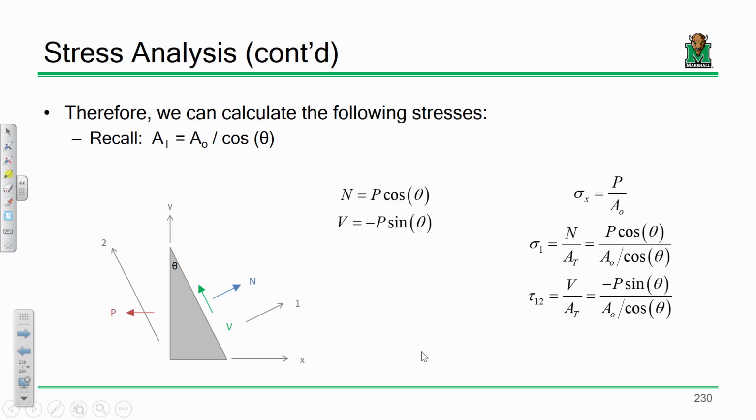Everybody okay with that? Tau 1, 2 is V over A t. So think about what that means. Tau 1, 2. It's perpendicular to this axis number 1. It's parallel to this axis number 2. Everybody okay with that? All right.